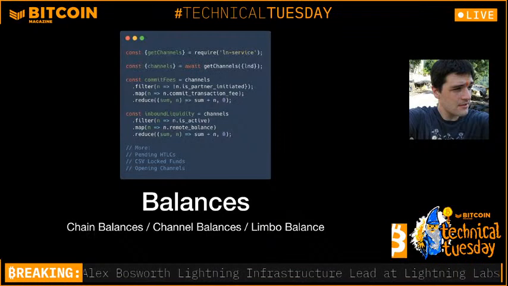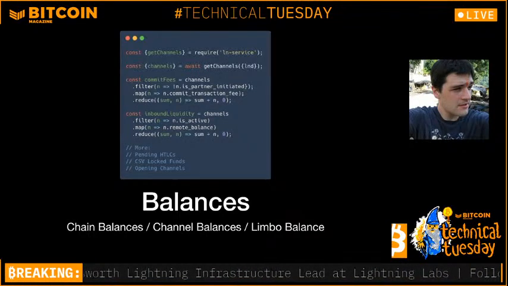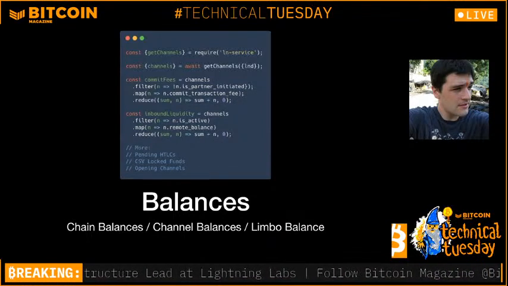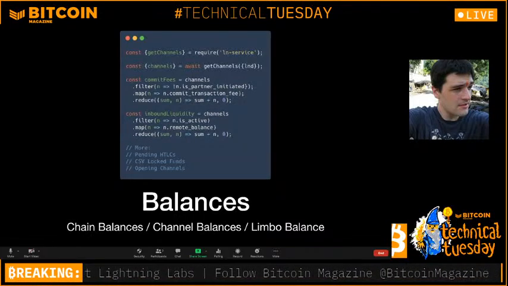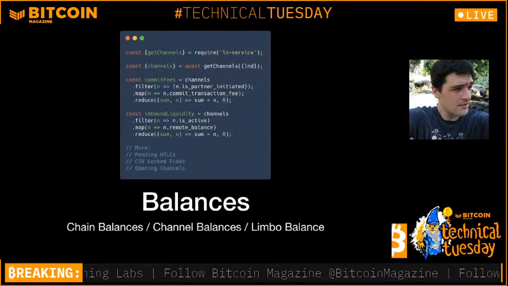There's another balance concept, which is that in order to be secure that you can get the money out of your channels, and that both sides are going to get the money out of their channels, every channel has this thing called a commitment fee. And that sometimes confuses people.